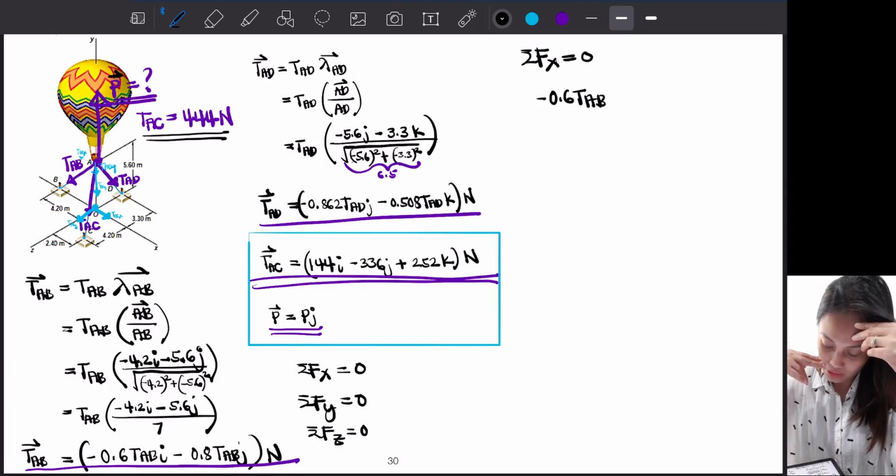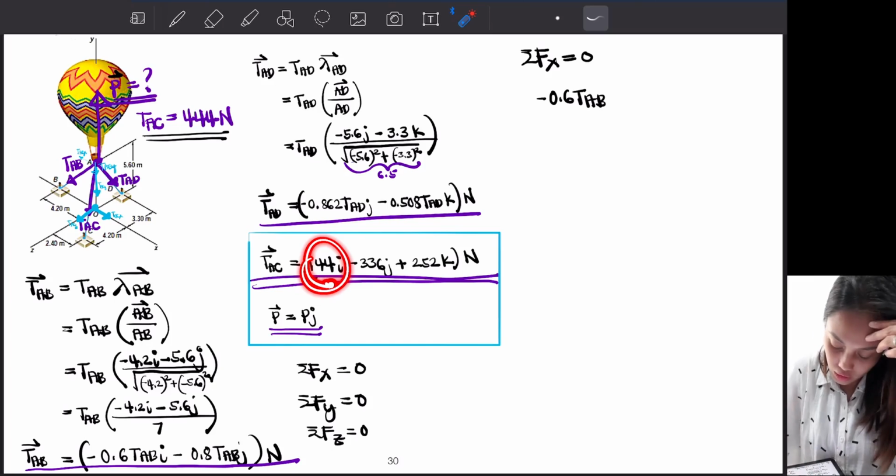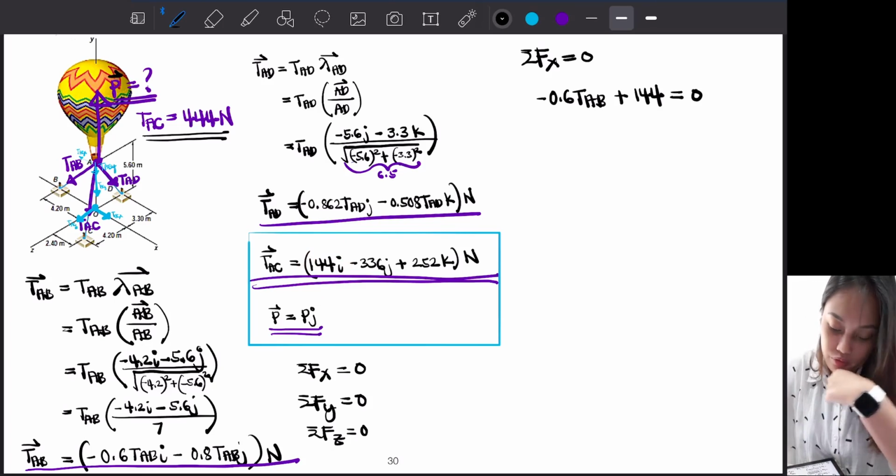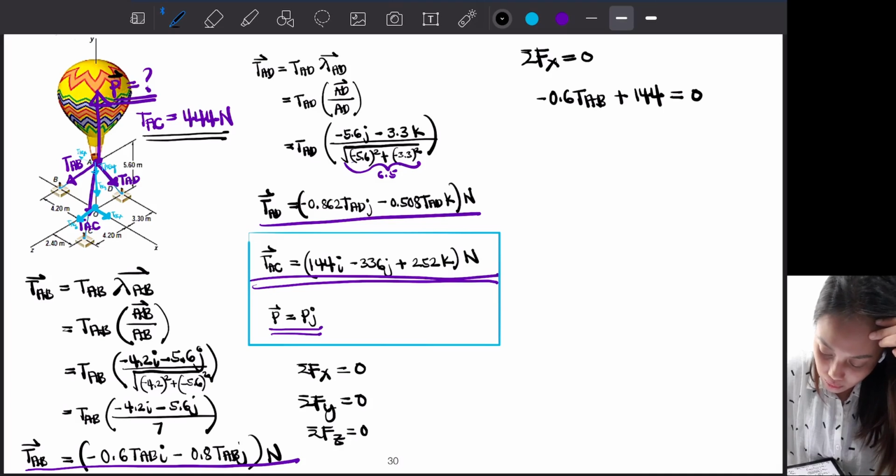Sunod. So, pailain nga along x. Kaya siya 144. So, plus 144. Wala na ilain. Equate it to 0. So, from this makuha na natin si TAB. What is TAB?